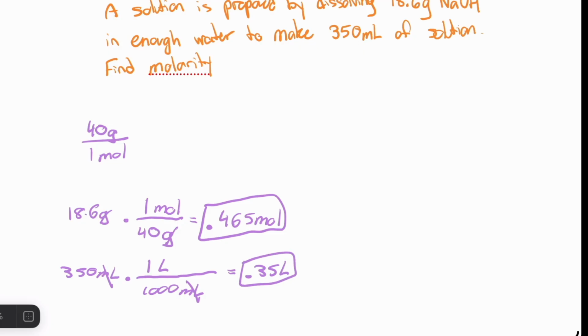So now we have converted all the terms that we needed to plug into our molarity equation. Capital M is equal to 0.465 moles divided by 0.35 liters. And when we do that division, we'll get a final answer of 1.33 molar.